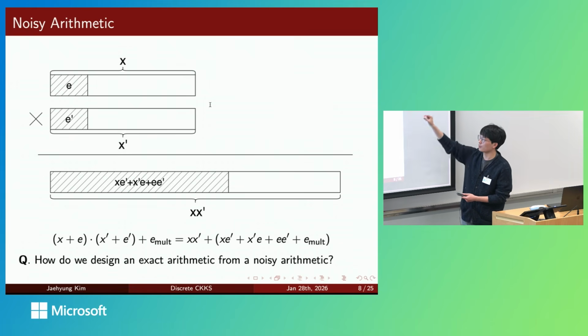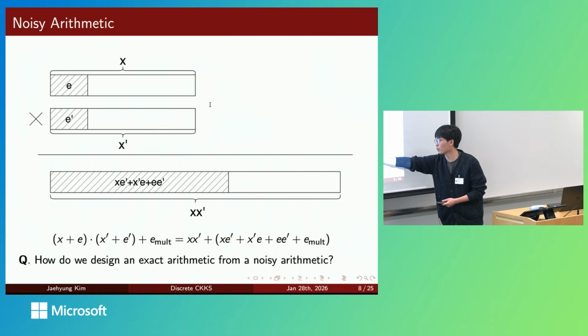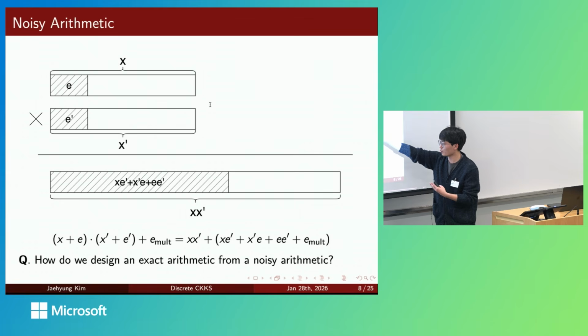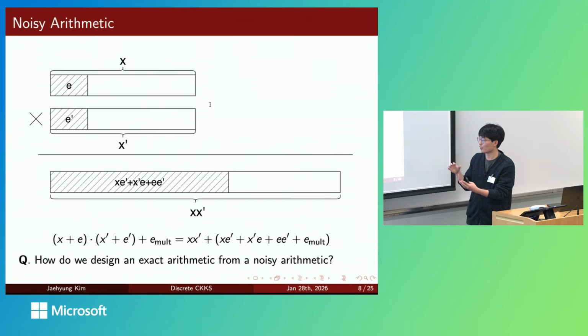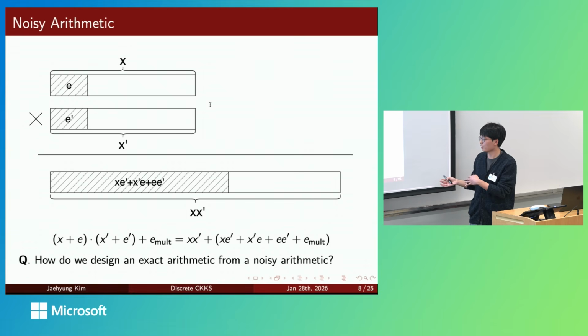In particular, since x is as long as the size of the bar, the noise from the multiplication x e prime and x prime e makes your error grow as long as the original message space, and therefore every time you multiply, the noise grows by a huge amount. So the question of this talk is, how do we design an exact arithmetic from this kind of noisy arithmetic?